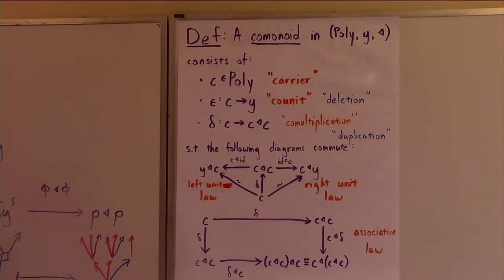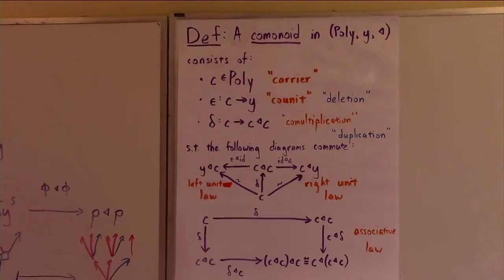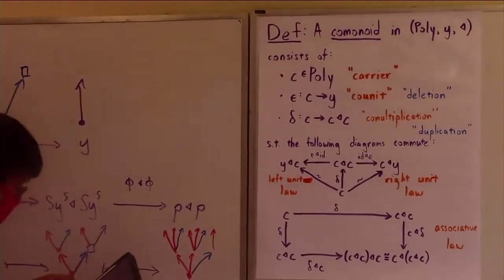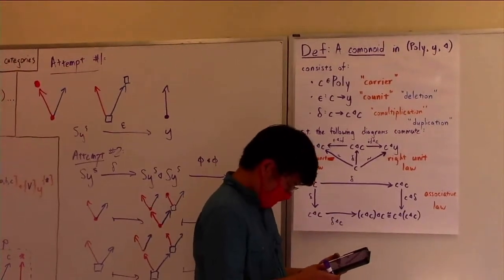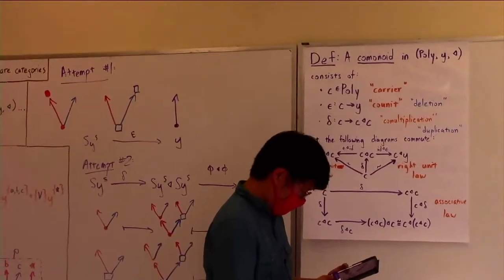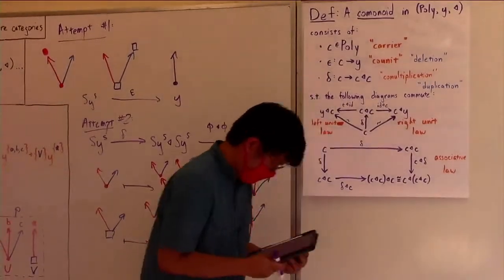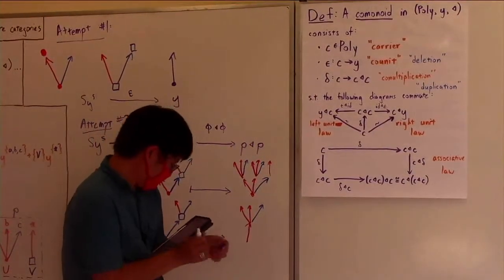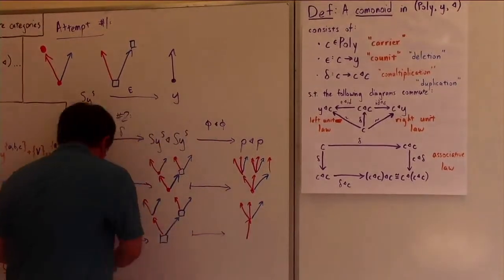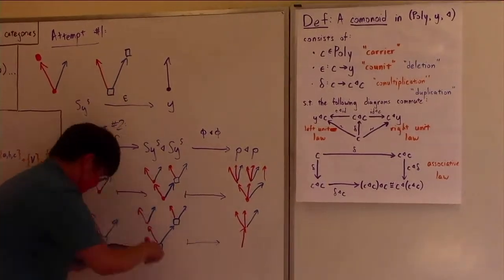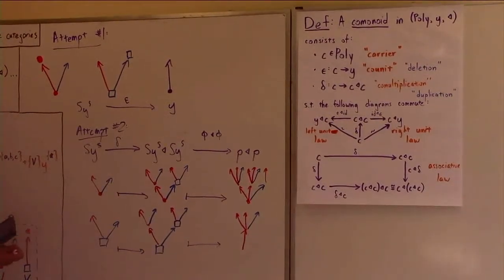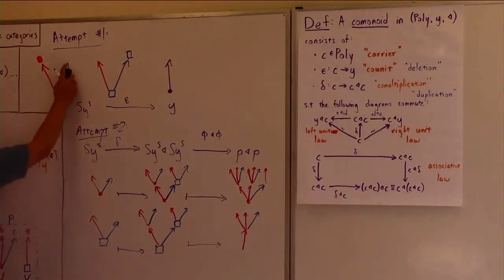And yeah, let's see what these things actually say about our sy to the s here. Let's take as an example one of the positions of our sy to the s polynomial, where s is this 2-element thing.